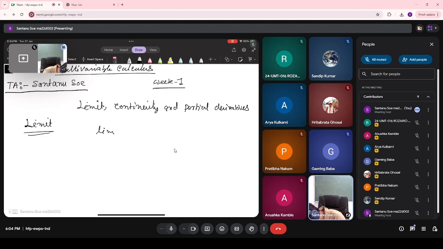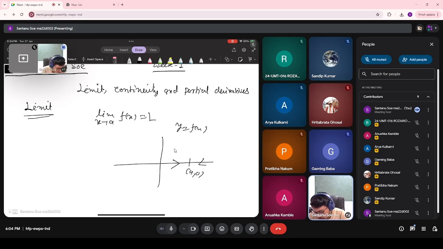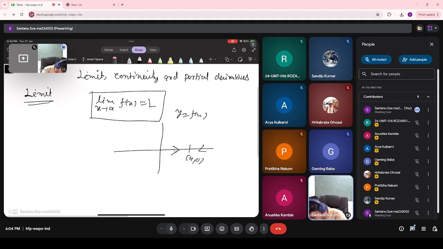For example, if we say the limit as x tends to a of f of x equals L, that means if there is a function y equals f of x, and you approach the point a, suppose this is (a, 0), from the left side or right side, and the right hand limit and left hand limit are equal, then this is called the limit of the function.